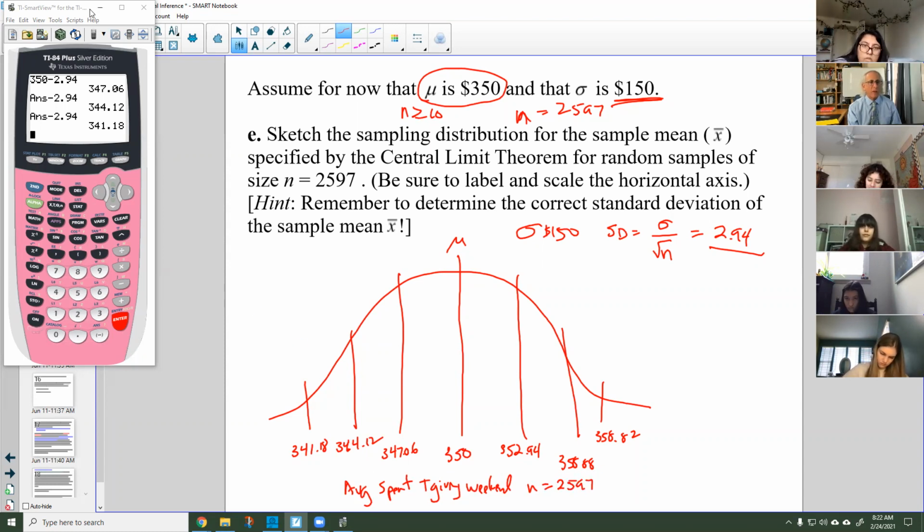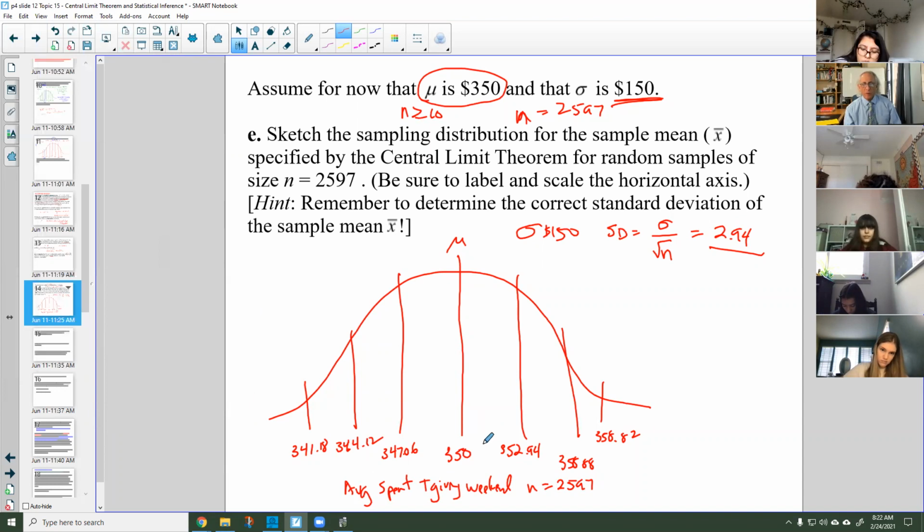That just indicates our sample size. But this is the average that a sample size of 2597 would have spent on Thanksgiving weekend, given these parameters here of mu being 350 and sigma being 150.